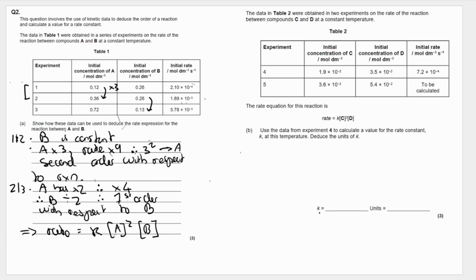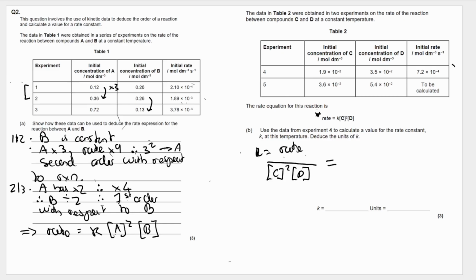In part B, they want us to use the data from experiment 4 to calculate a value for the rate constant. So we're going to start off by looking at our rate equation here, and we could swap this round. Since we're looking for k, we could say that k is equal to rate over [C] squared [D]. And then all we simply need to do is plug in these components here.